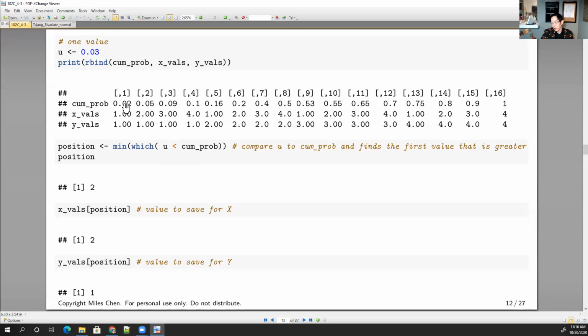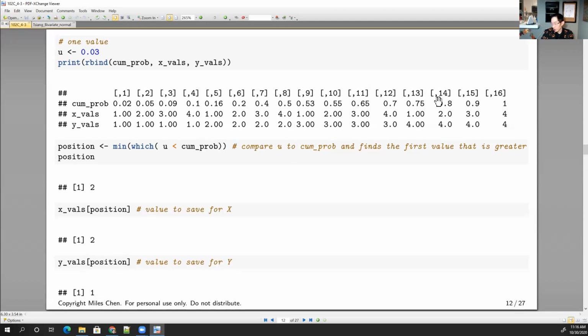And so which values, this vector is going to be 2, 3, 4, and up through 16. And the smallest value, the minimum of those, is going to be 2. Okay, so I say, all right, x value is position, and that's going to correspond to 2. And then the y value is position, the second value, and the y values vector is going to be 1. So that's going to correspond to x is 2 and y is 1.